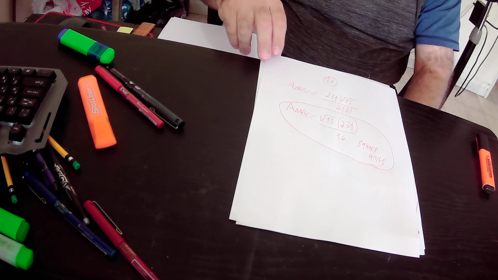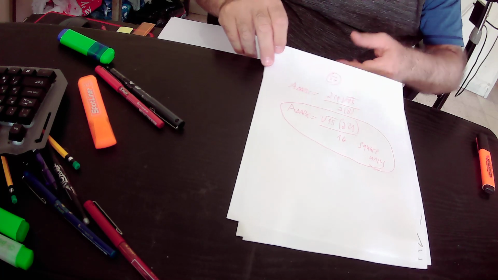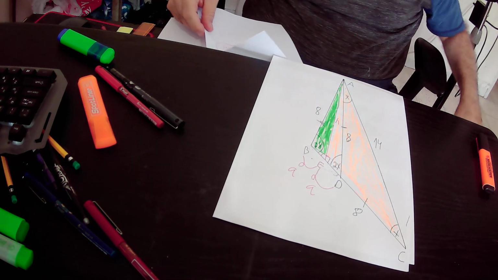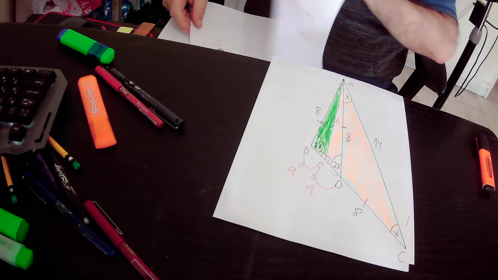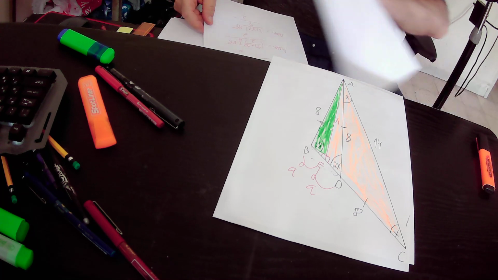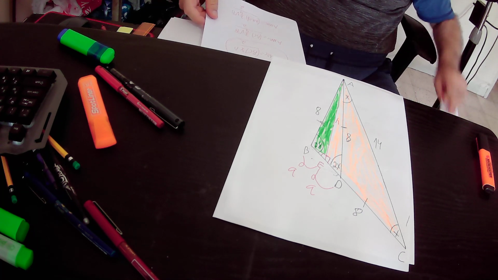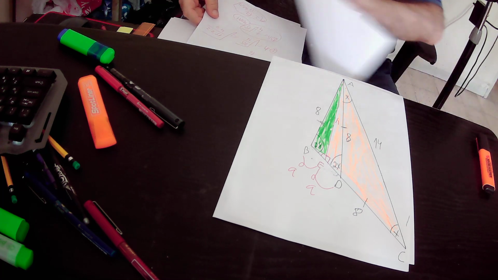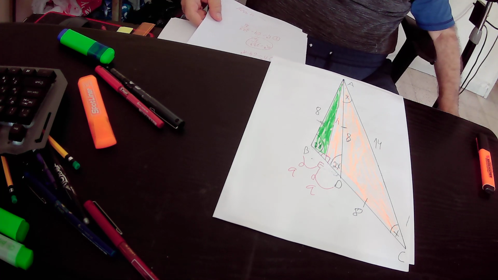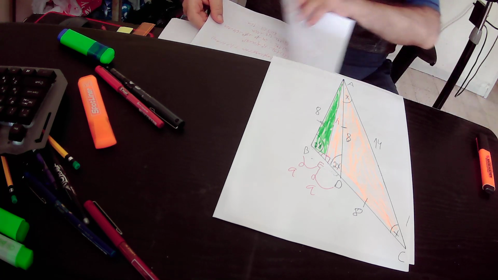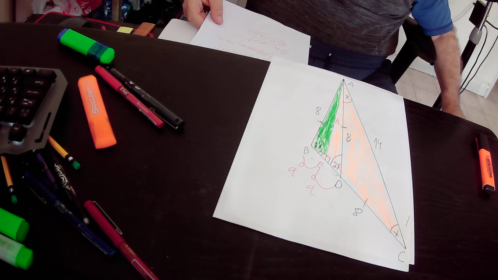Okay, so we finished the first method to find out the area of triangle ABC. In the next step we will find the area of triangle ABC in a second way, in the second method.